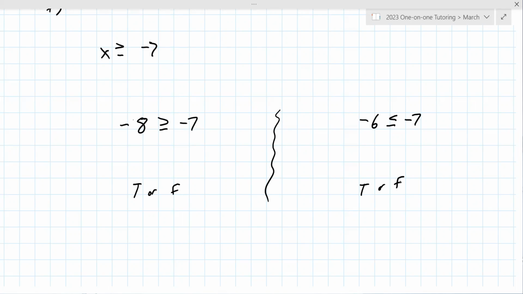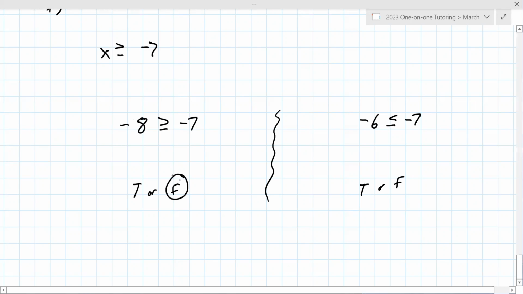Okay, for the one on the left, -8 is greater than or equal to -7. False. And then on the right, I have true. That is correct. Okay, great.